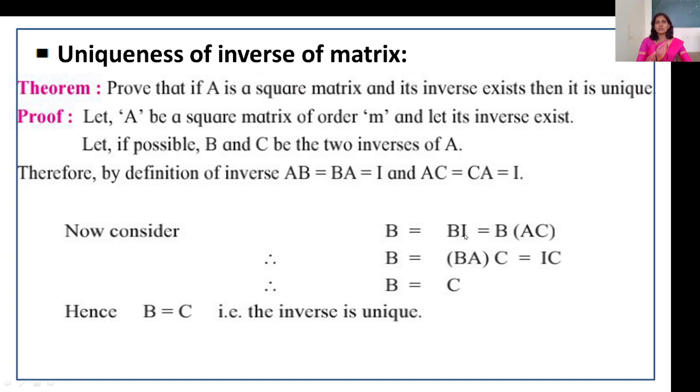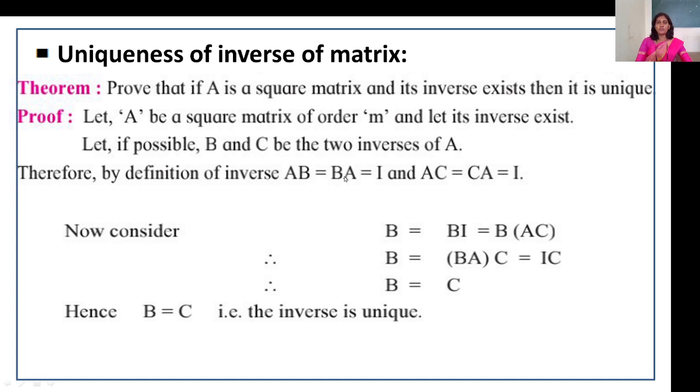So here B = BI, which is equal to B into AC, because from this definition I = AC. So we replace I by AC. Then here we use the associative property, that is B(AC) = (BA)C, which is equal to IC.